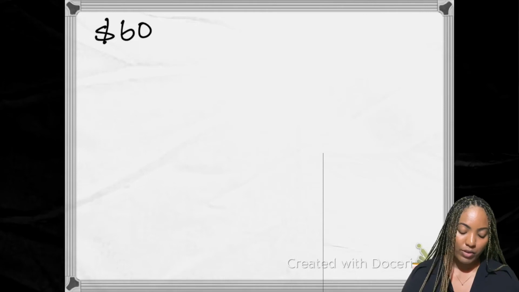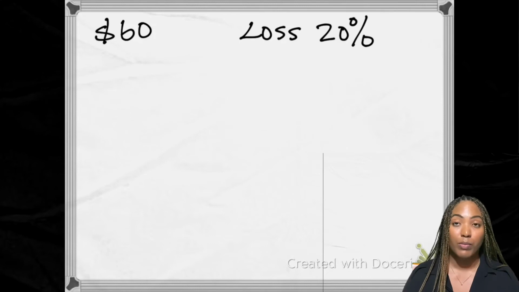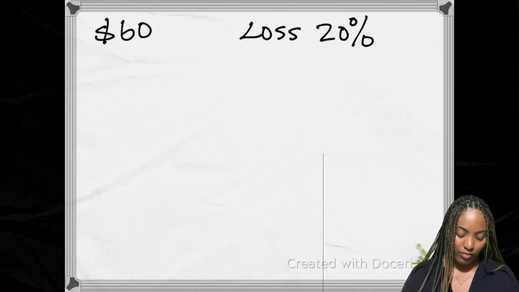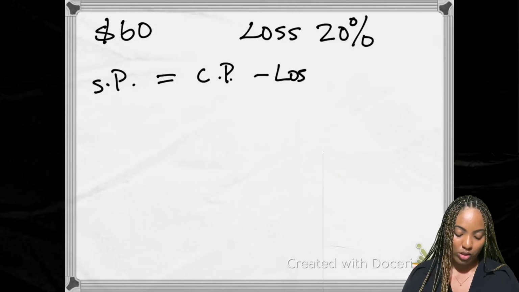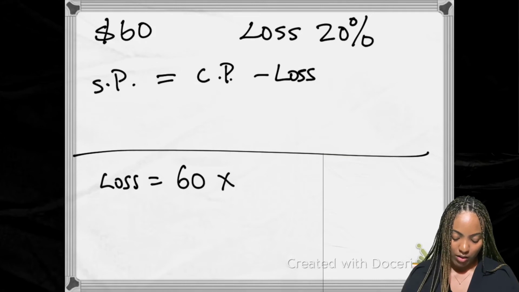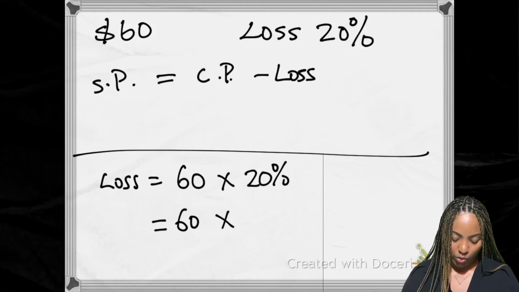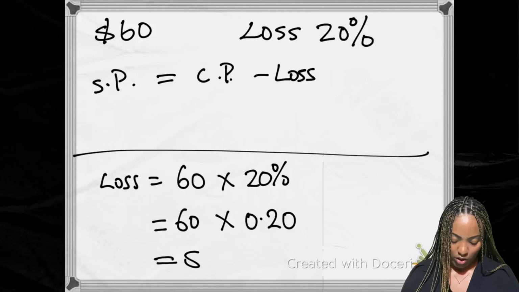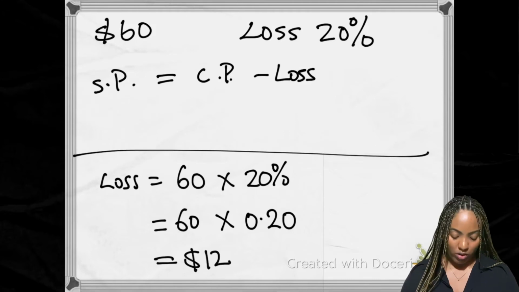So we buy the pen for $60, and this time we make a loss of 20%. So the selling price will now be equal to the cost price minus the loss amount. To calculate the loss amount, it is our cost price of 60 multiplied by the same 20%, which, as I said, we represent in decimal form as 0.20, which gives us the same amount of $12.